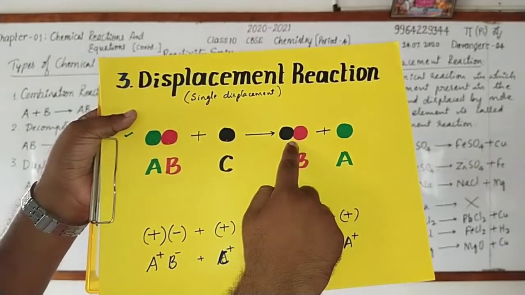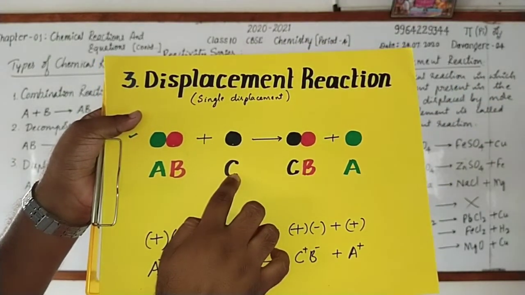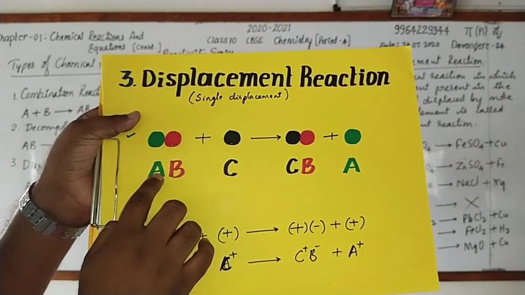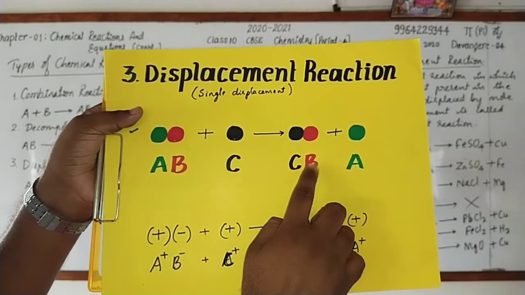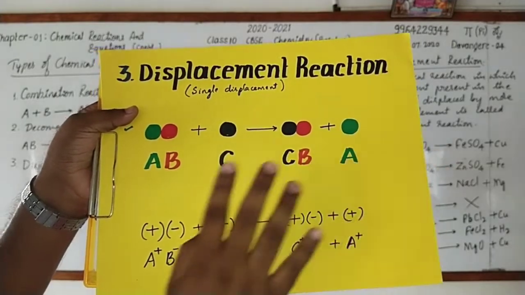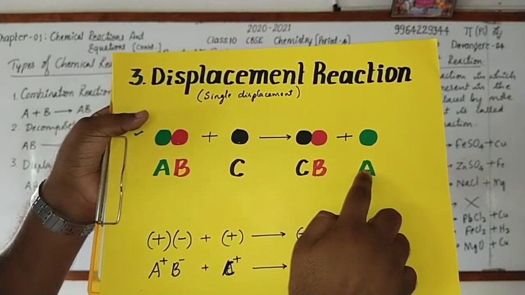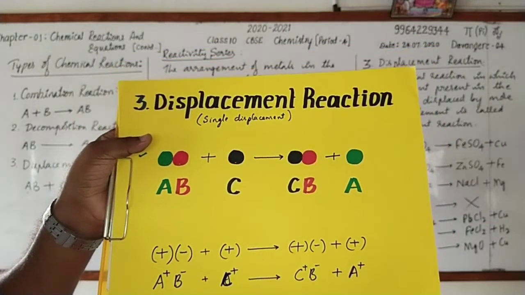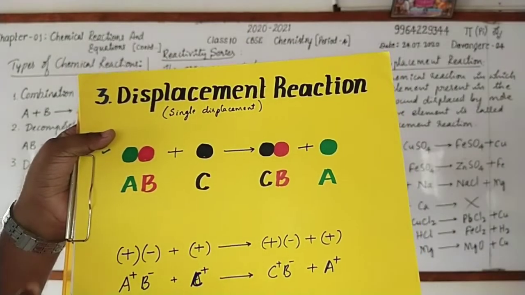Then we get a new compound and the element gets separated. Here C is more reactive than A, hence it displaces A. We get a new compound called CB, and A gets separated. AB plus C gives rise to CB plus A. Followed? Okay, now we are moving to the fourth type of chemical reaction.